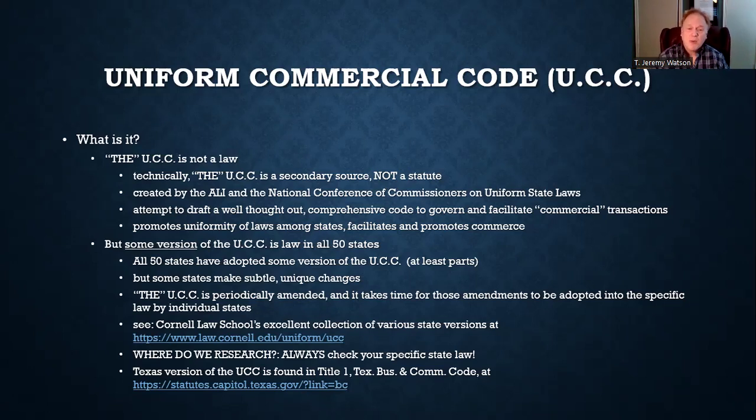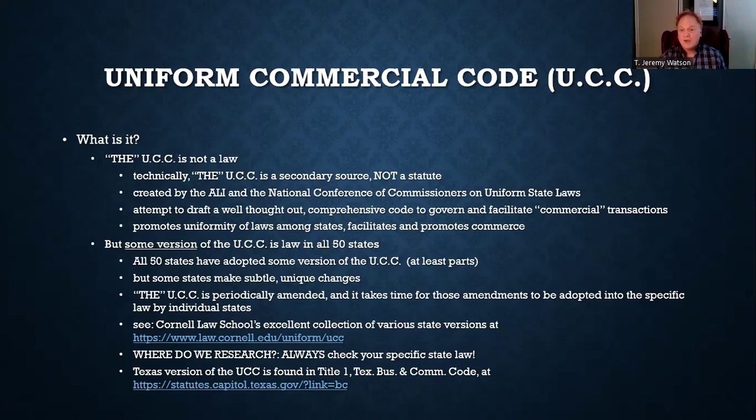Okay. It's also important to understand that the UCC is periodically amended. Every few years, the ALI and the National Conference get together and they examine how the UCC is working across the states. Is there something that the states don't like? Is there something that has been working in court well? Are there things that haven't been working? And they will sit down as a committee and make subtle changes to try to make the UCC work better. And when they do, they will issue the latest version of the UCC.